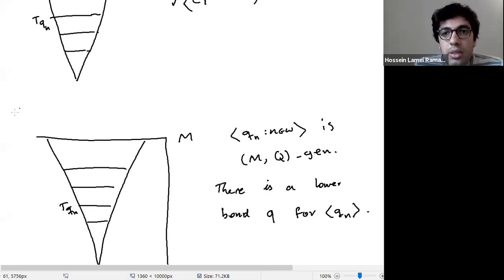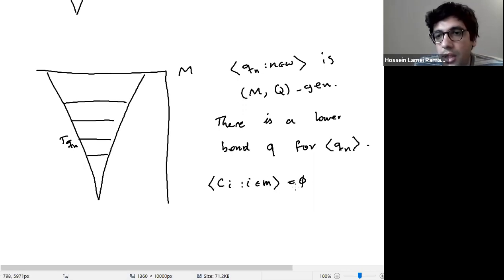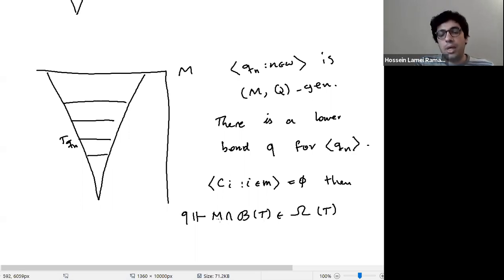If we define this lower bound, assuming that the sequence CI was empty, if we're not generous in adding extra branches to this, and if we assume that CI, M is empty, then Q is going to force that M intersected with the set of B-T is in omega T. In other words, M is going to capture all elements of all branches of T. Why is that?